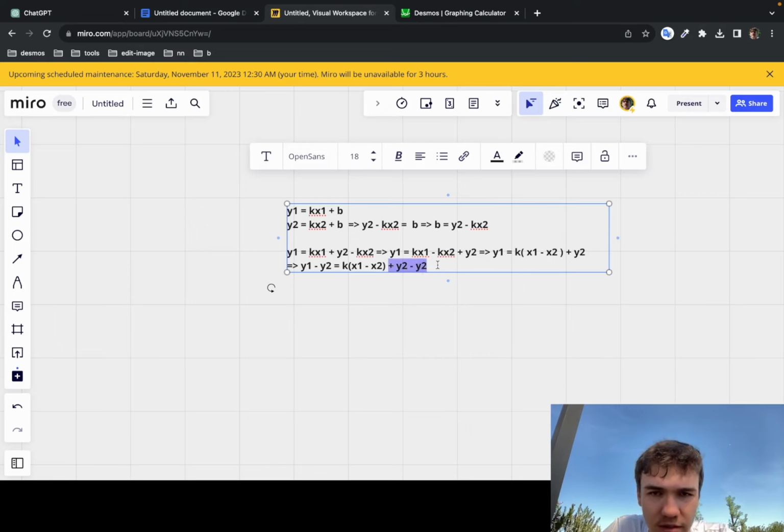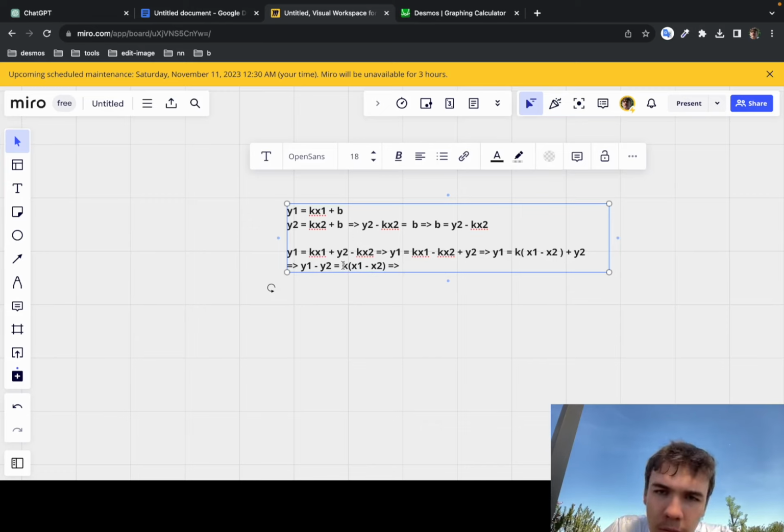So this cancels, because plus y2 minus y2 is just 0 or nothing. So I'll just delete this. We're getting closer to our solution.